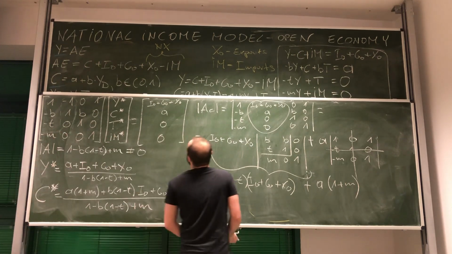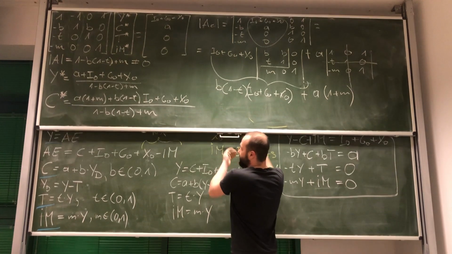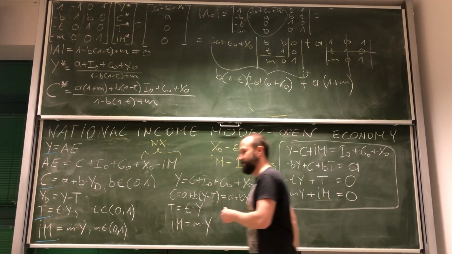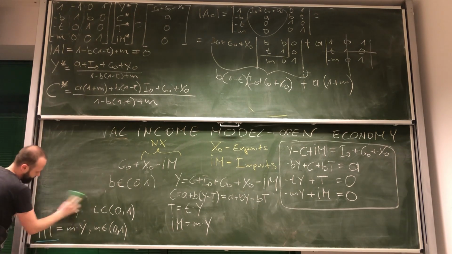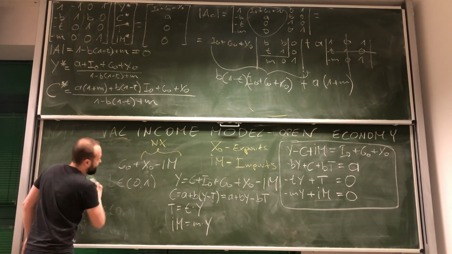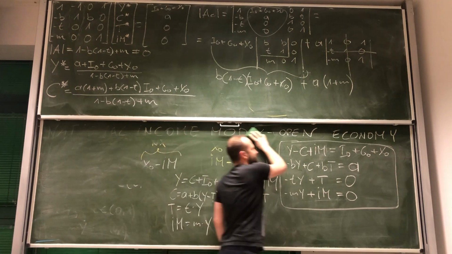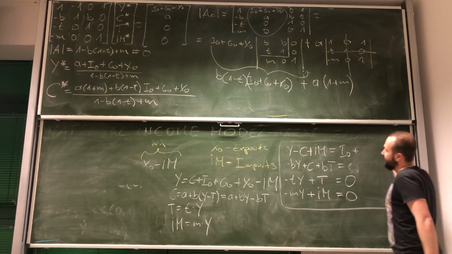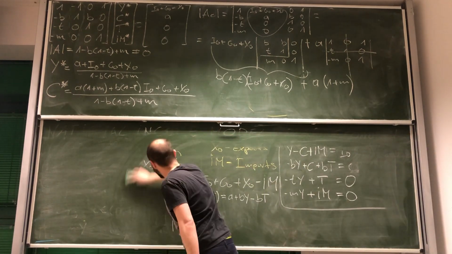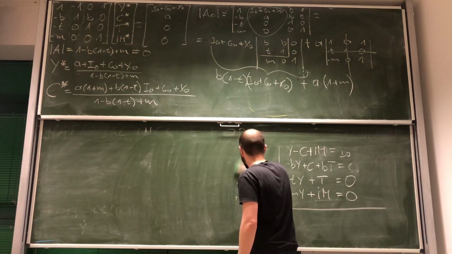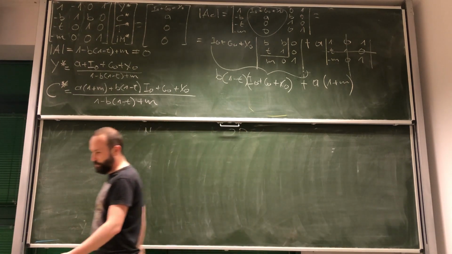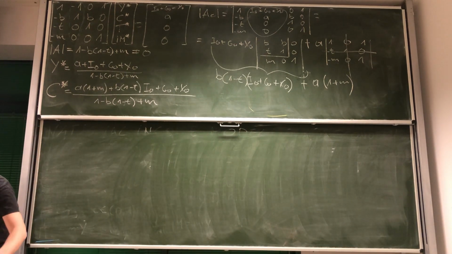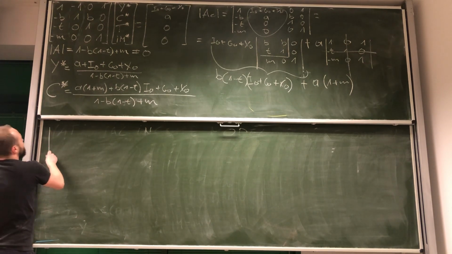Okay, we've got two more to go. Right? So now we're going to deal with taxes. Just give me please a second. Okay, so now we replace the third column with vector of exogenous terms.